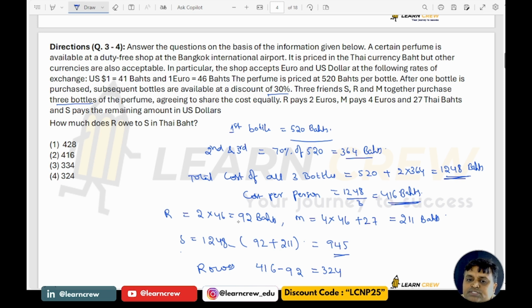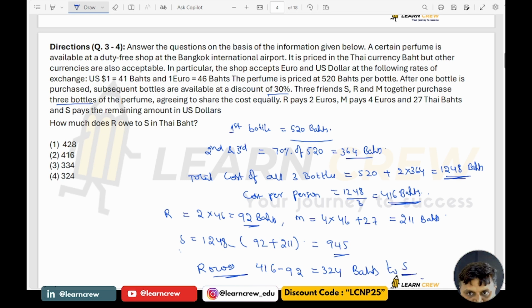Everyone has to pay 416. But R is paying how much? 92 only. So the extra is paid by whom? Yes. So R owes how much? 416 minus 92, which is 324. 324 bahts to S. I hope it is clear.